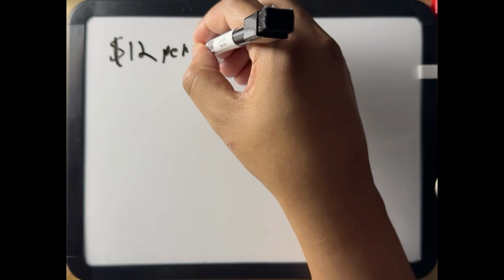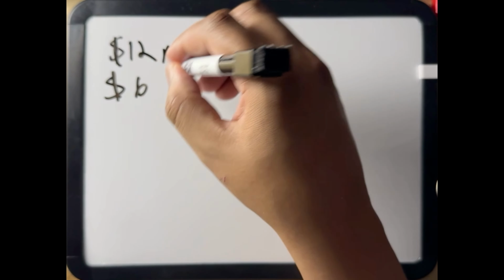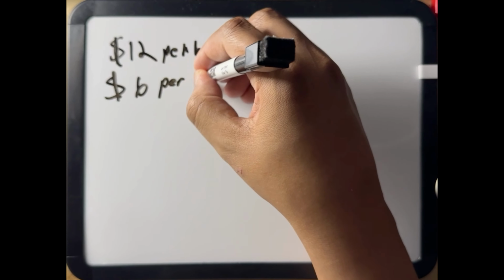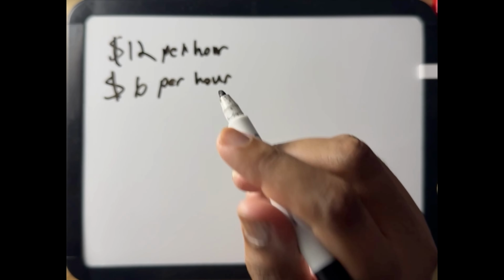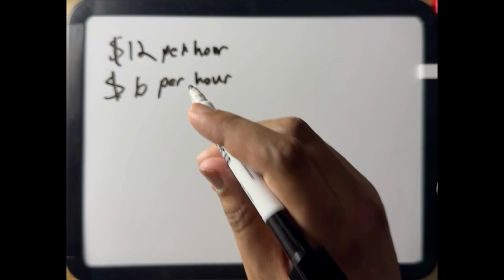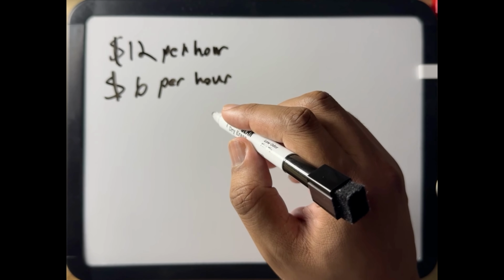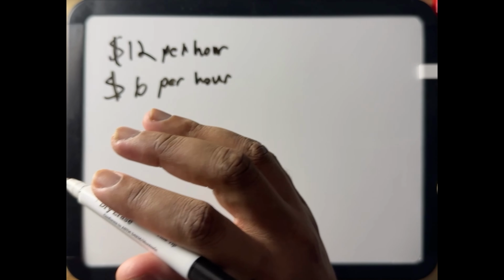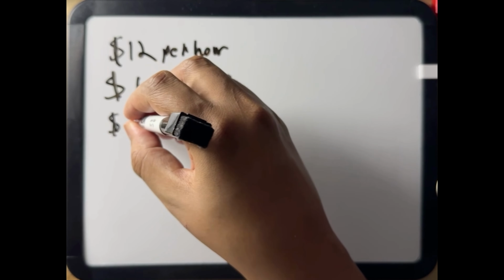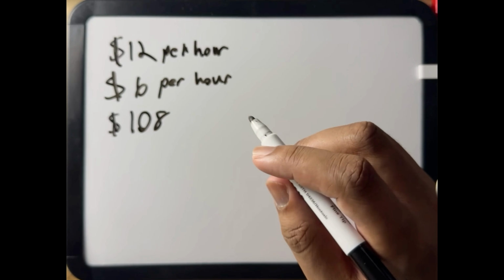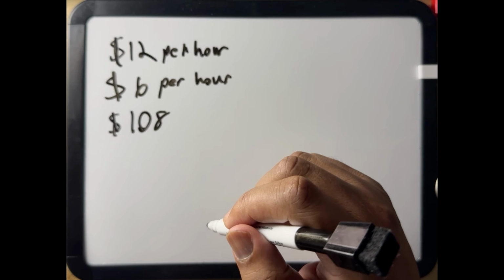Per hour. And his son charges $6 per hour. They worked the same amount of time, and their combined charge was $108. So both of them worked the same amount of hours, and the total after the time they put in amounted to $108. We need to find how many hours each of them worked.